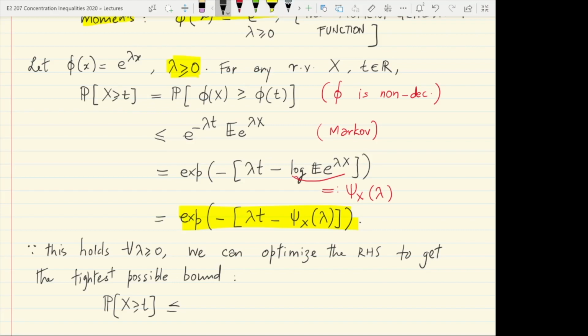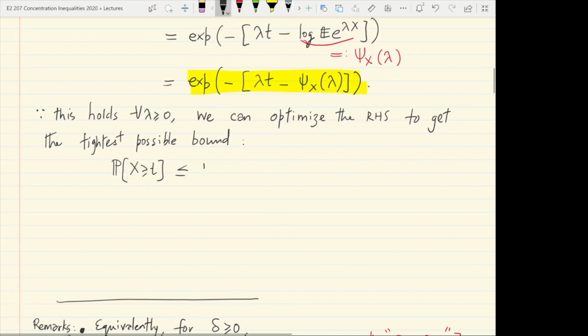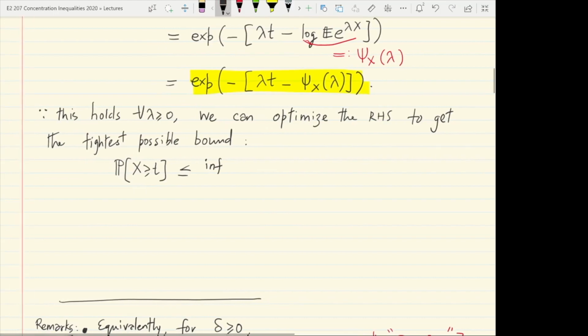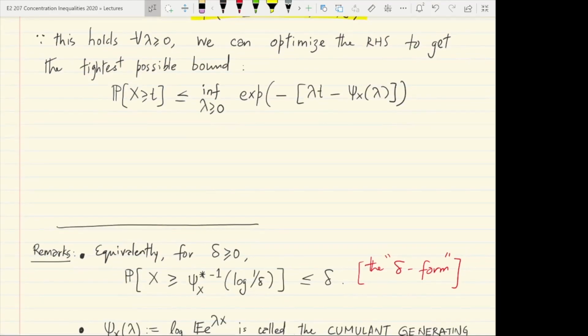So by this I mean that it also holds that the probability of x greater than or equal to t is less than or equal to the infimum over all lambda greater than or equal to 0 of e raised to minus lambda t minus Cx of lambda. Think of infimum, if you have not seen this before, as a minimum modulo a technicality.